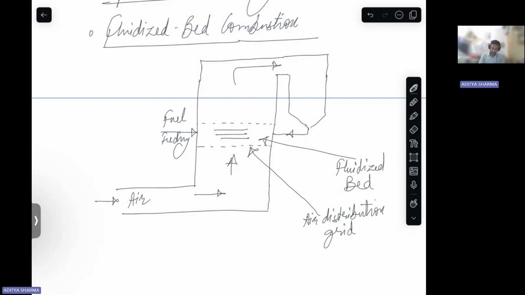And this is your cyclone separator. What we basically do is try to fluidize the fuel by means of the air that we are giving from here. And this is the plenum chamber, from where the air goes in upward direction, right?